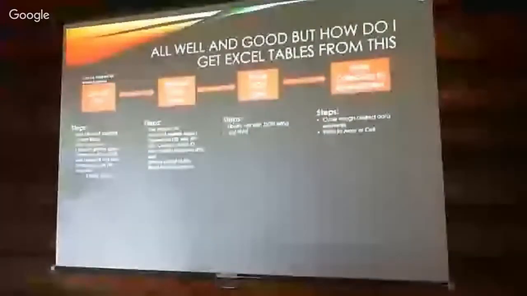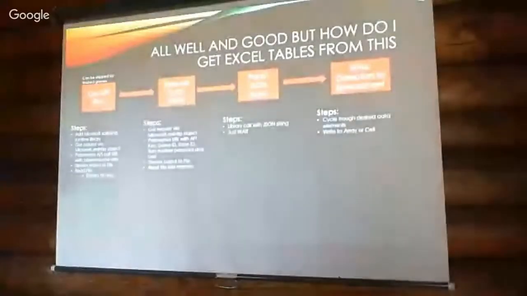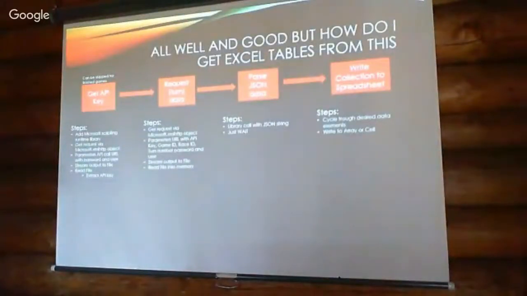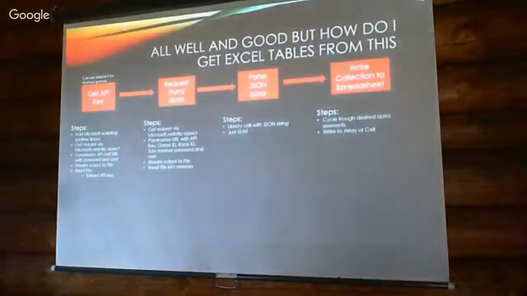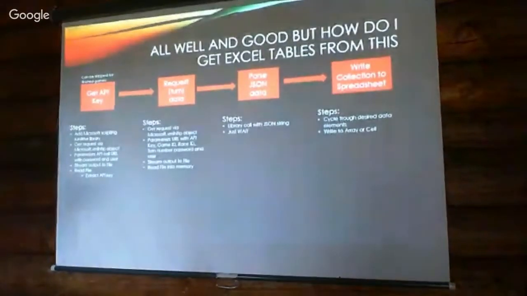You just go into References, Add, and there's a list of all the libraries that you can use in Excel, and you pick the Microsoft Scripting Runtime library. You then do a GET request. That is essentially what the browser does when you hit enter. You do a GET request, in this case with the Microsoft XML HTTP object, which basically makes Excel behave like your browser.